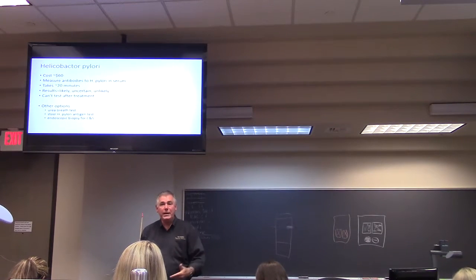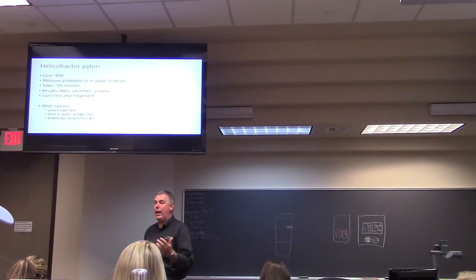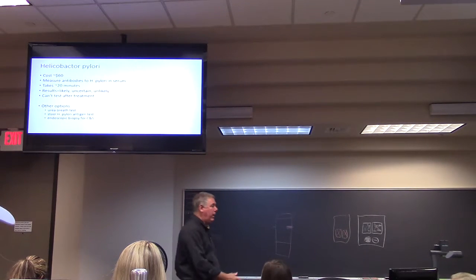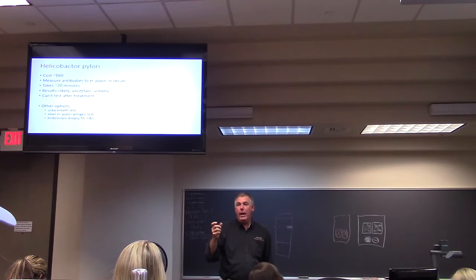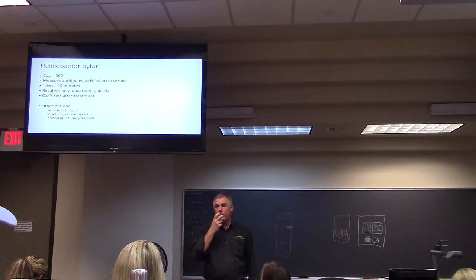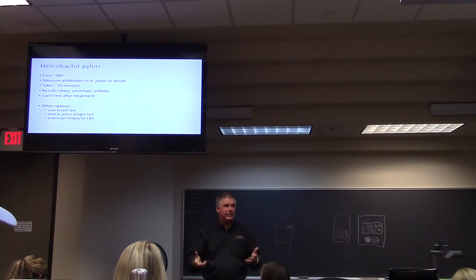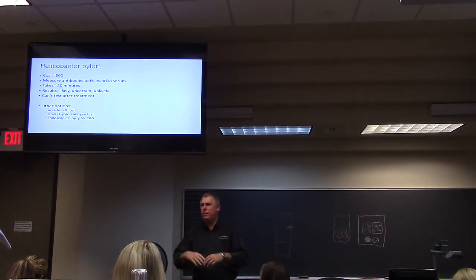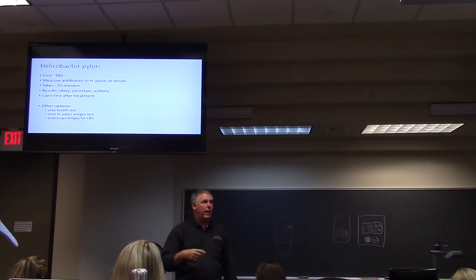In order to retest them, you have to do either a urea breath test, which is done in the radiology department. They give them a radio-labeled urea, and you breathe it in, and what you exhale is measured. What they're measuring is the metabolism of urea, because that's what H. pylori can do.